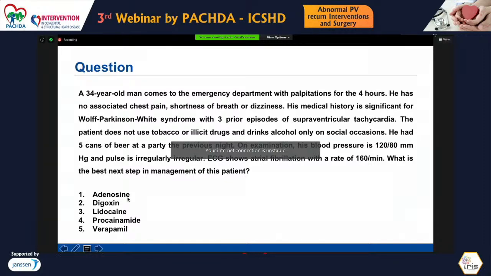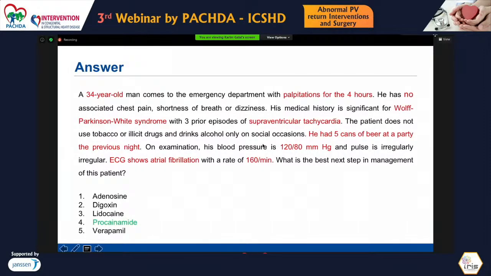There's long questions where you're presented with patients with palpitations, no further symptoms, significant for Wolff-Parkinson-White, supraventricular tachycardia, alcohol history on the previous night, regular blood pressure with atrial fibrillation at the same time. And I've just highlighted some of the most important aspects of this question, but you can see that in one question, there's actually quite a lot of information that you have to put together and sort of recall in different ways.